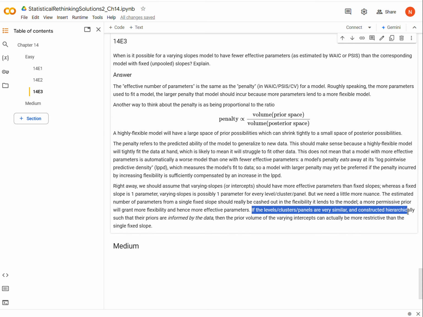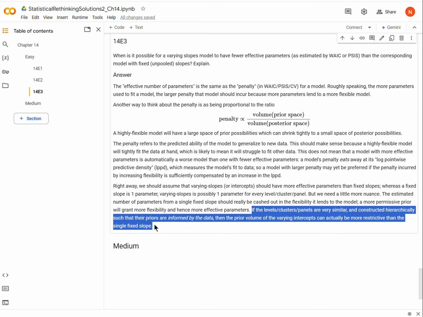Now that we have that idea, we can run with this and recognize that if we have varying slopes and they are organized hierarchically, so we're saying that all of these slopes are coming from one kind of master distribution, then the priors for each of the varying slopes are being estimated using information from the other panels, from the other clusters.